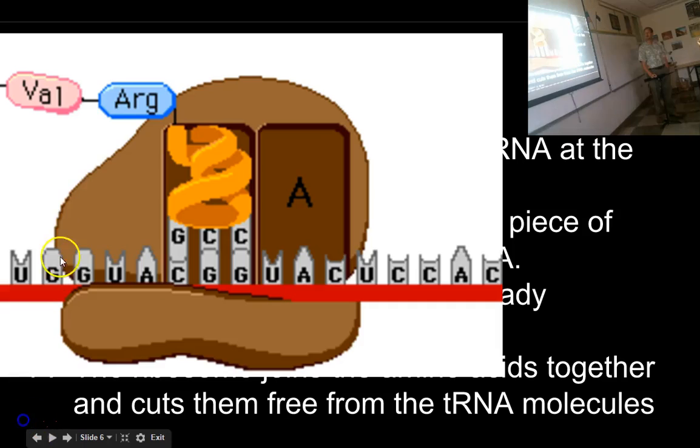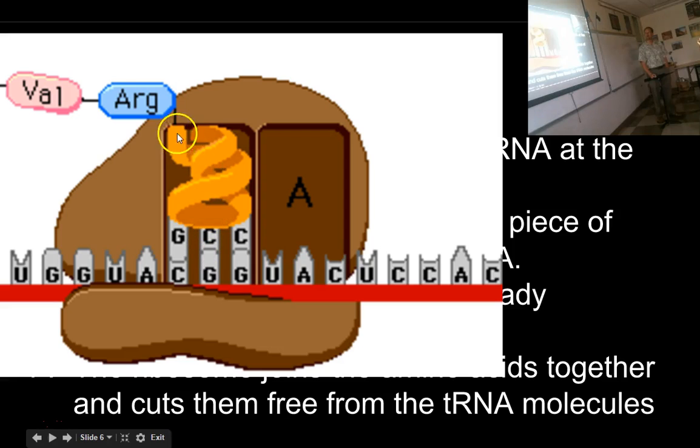Okay. Take a second. So this is a ribosome, and this is the messenger RNA. And so this is a transfer RNA molecule. It has a complementary anticodon that pairs with the messenger RNA. So it's in the right place because the letters line up.